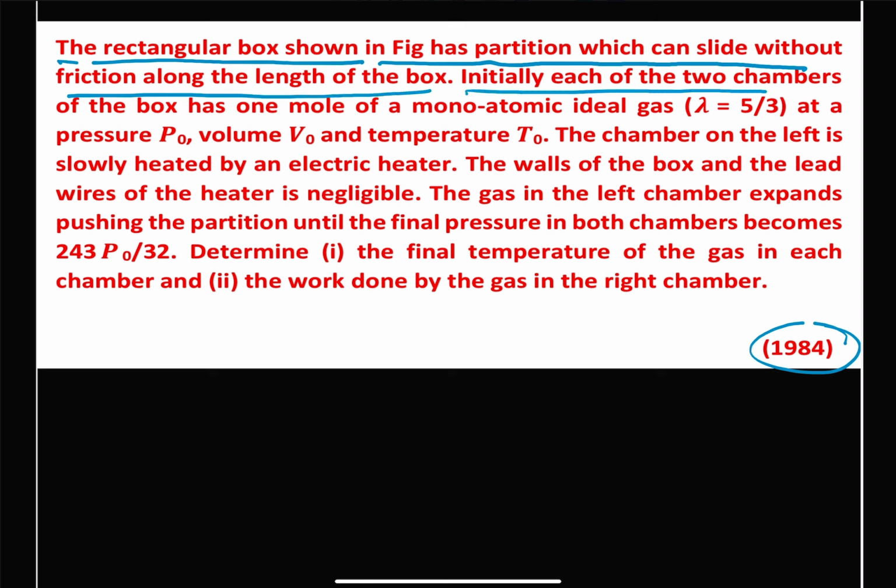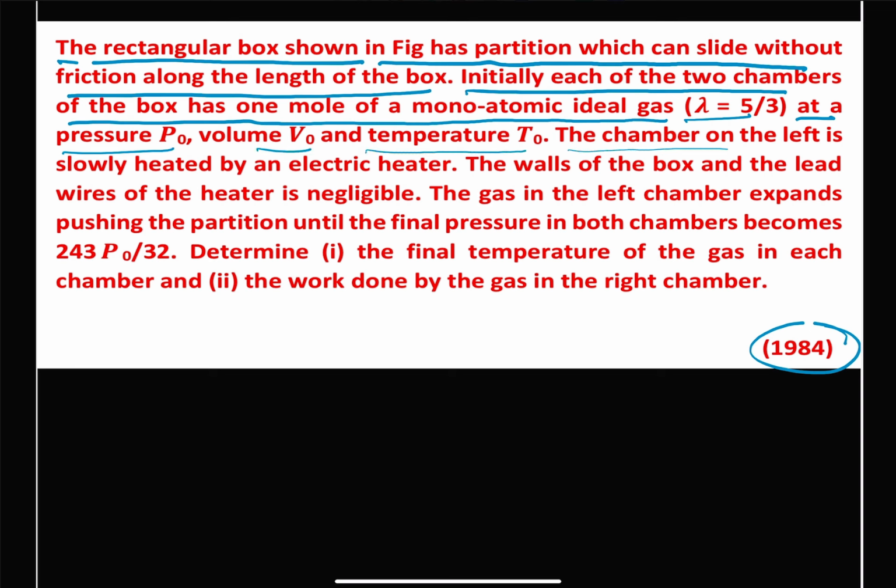Initially, each of the two chambers of the box has 1 mole of monatomic ideal gas, lambda is equal to 5/3, at a pressure P0, volume V0 and temperature T0.